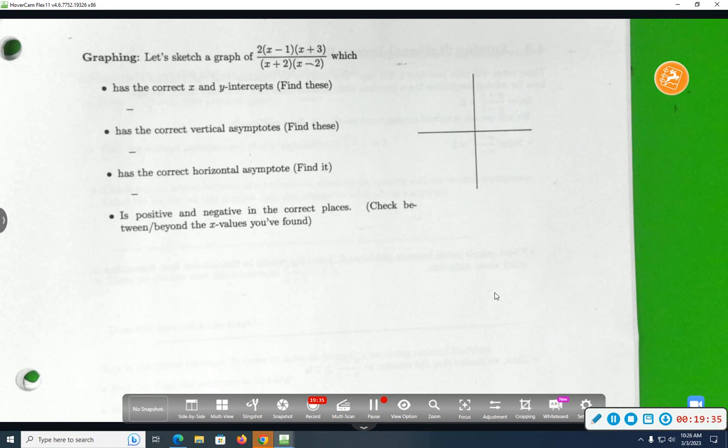Where is the 2x minus 3? Oh no, that's a what? What happened? So go to the next slide.